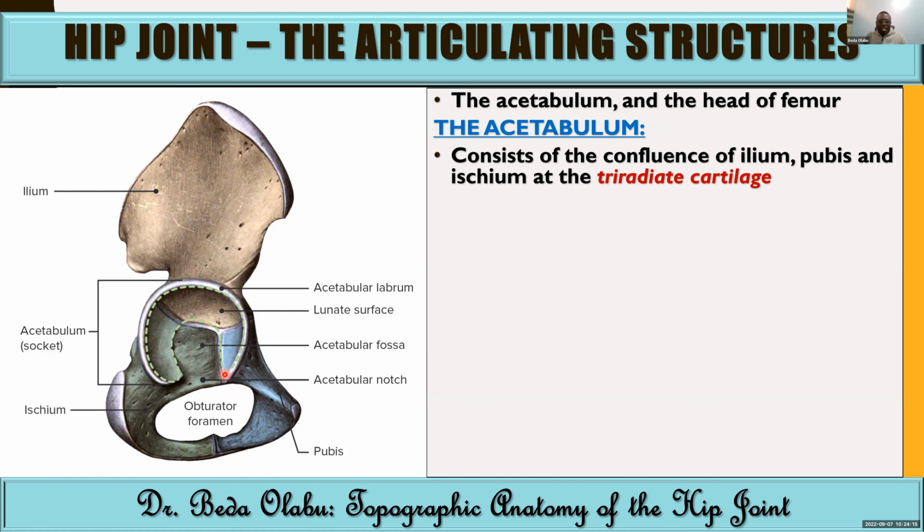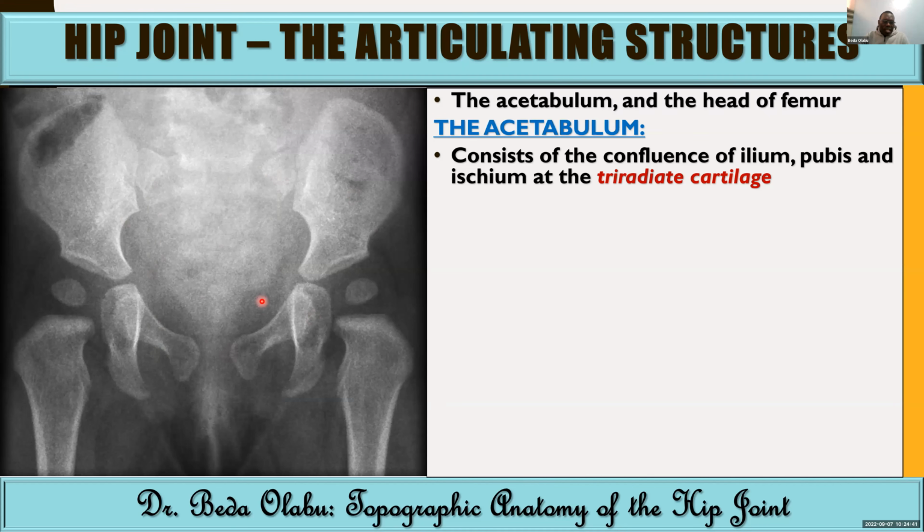This triradiate cartilage is present more in a child, but as the child grows, the three bones fuse, and so you don't see the cartilage in adults. But in children, it will be there because the three bones have not yet fused. That will be the triradiate cartilage separating the three bones.